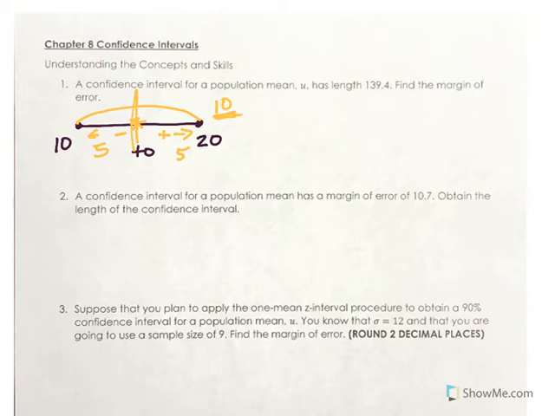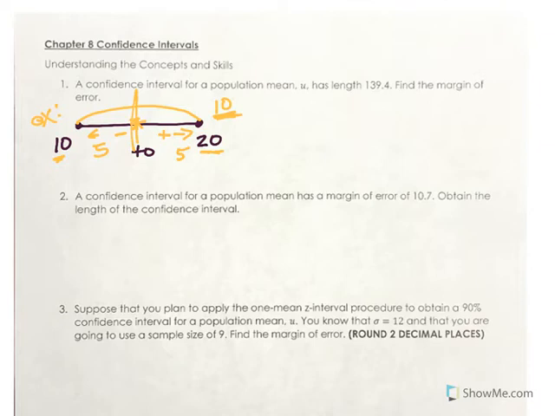So to find out what I had to add and subtract both ways, I divided in half, because that's where your mean sits, in the middle of your actual beginning number for your confidence interval and your ending number in your confidence interval. So this is just an example of what I was asking you to give me.